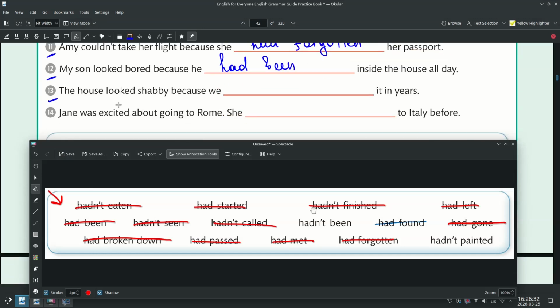Number 13. The house looked shabby because we it in years. Hadn't painted. And last one, 14. Jane was excited about going to Rome. She hadn't been to Italy before.